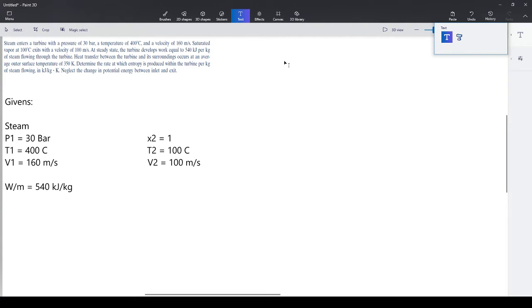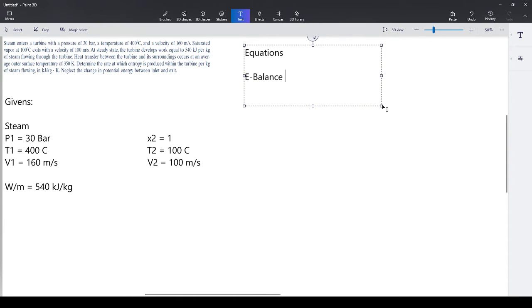So maybe this equation will... so let's do the equations really fast. How about this? So let's do energy balance. The first one, I'm going to do E balance, okay? Is equal to Q minus W, right? So Q minus W is equal to M times H1 minus H2, and then it's plus V1 squared minus V2 squared, and this is all over 2.